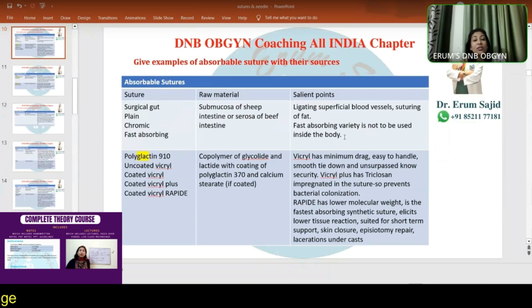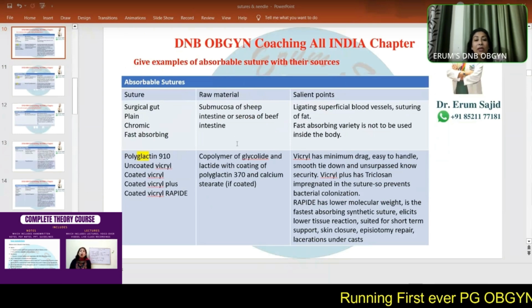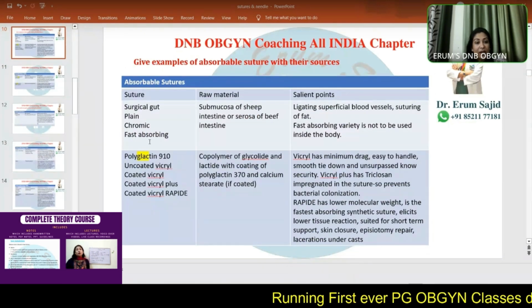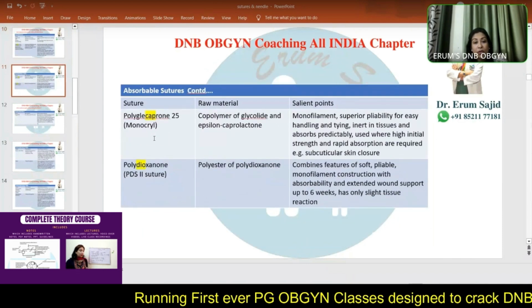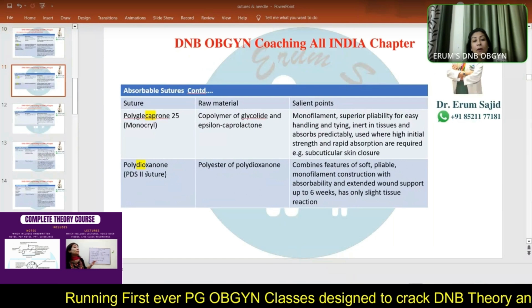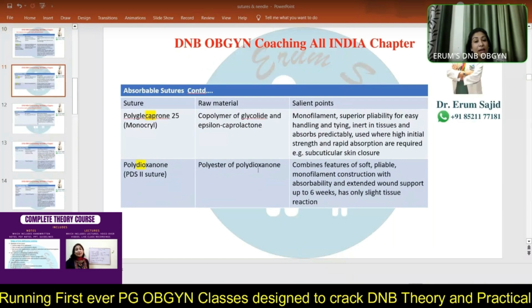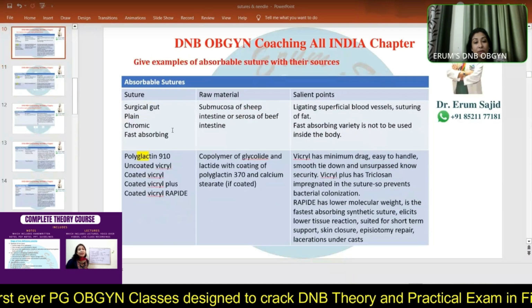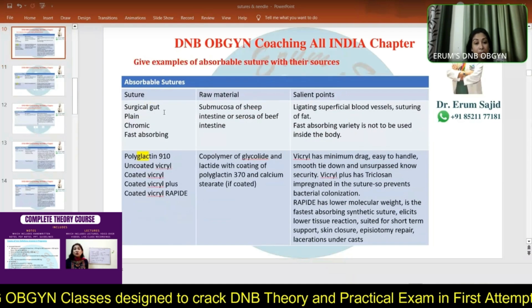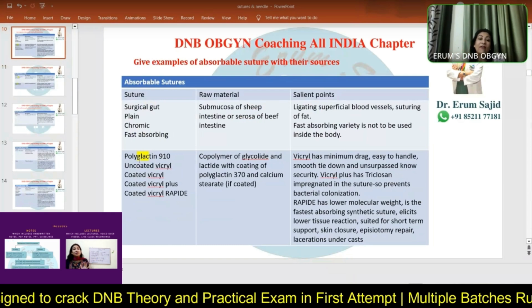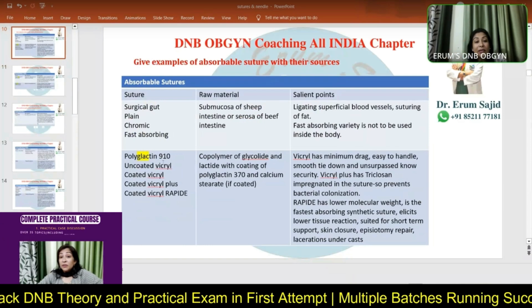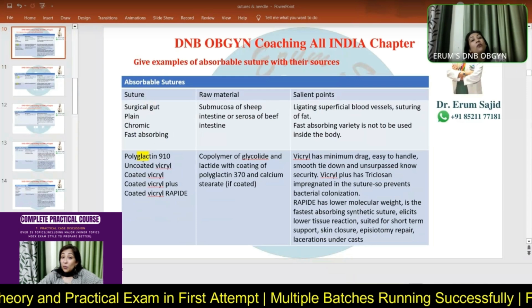Here, I'd like to specify a couple of things. First of all, these are all absorbable sutures. A couple of things more about them: these are copolymers, right? Right from vicryl to monocryl to PDS. This is a polyester of polydioxanone, but these are copolymers, right? Now, remember the names. And why have I marked only GLAC? Why have I not marked poly, GLAC, complete? Because this is my short way of remembering.